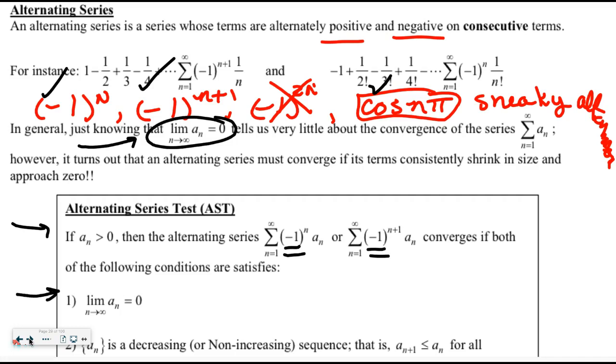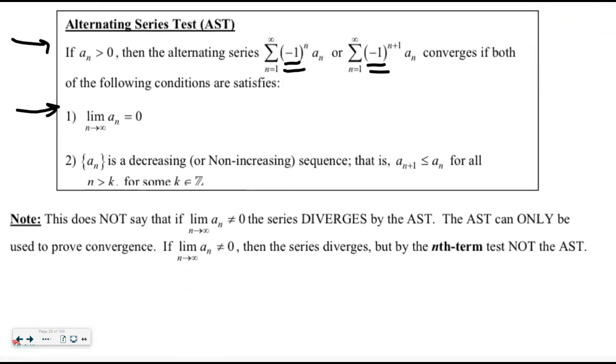So if you remove the alternator and take the limit and it goes to 0, then as long as the rule of sequence was decreasing, which you can see by observation whether the terms are going down as you go, then what it says is you can conclude convergence. It means that the alternator, if the limit goes to 0, will cause it to go fast enough to converge with that subtraction going on in there.